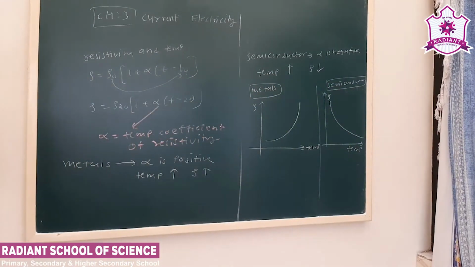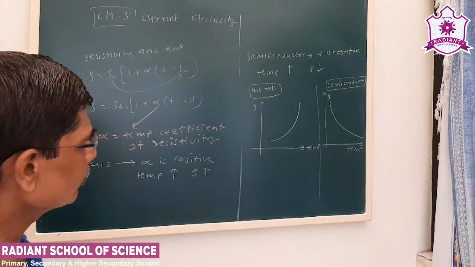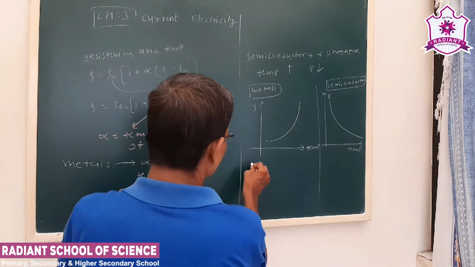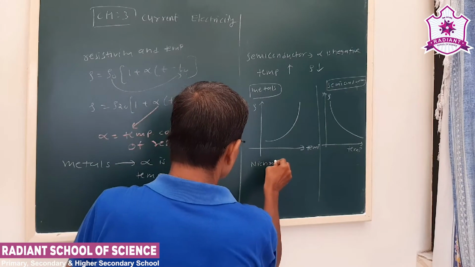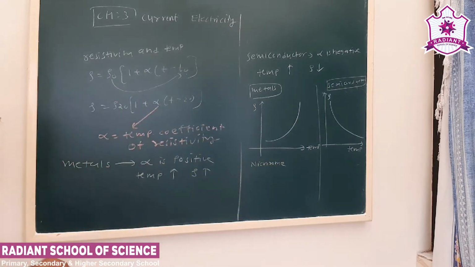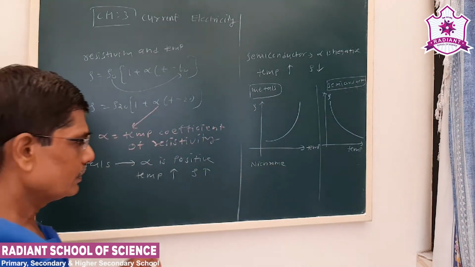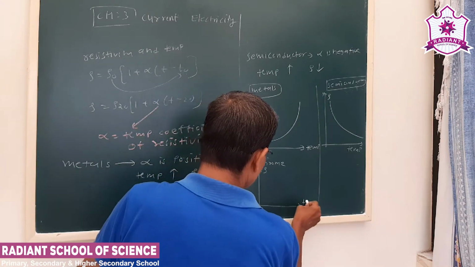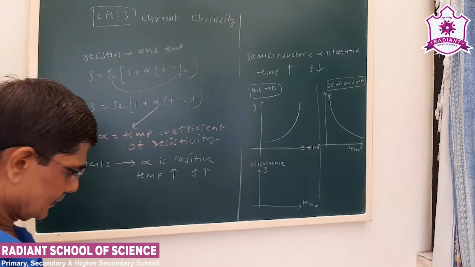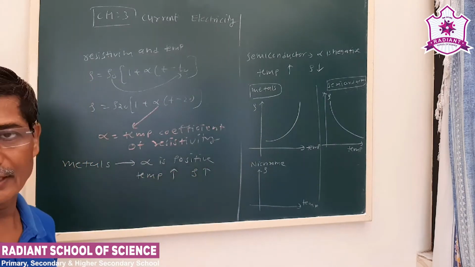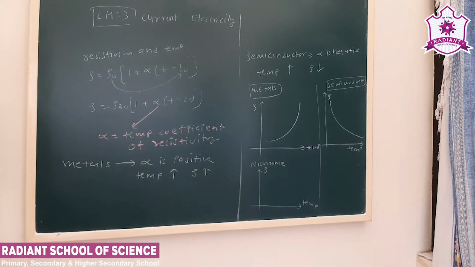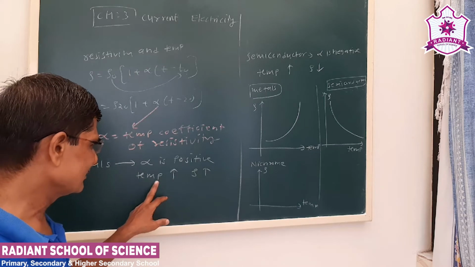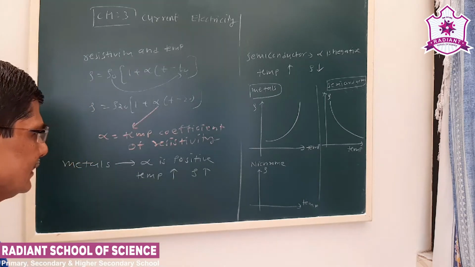Now one more graph given in the textbook is for nichrome. Now we know nichrome is an alloy of nickel plus iron plus chromium. See the temperature dependence here. Now it is an alloy made from metals. For metals we see that as the temperature increases, resistivity increases.